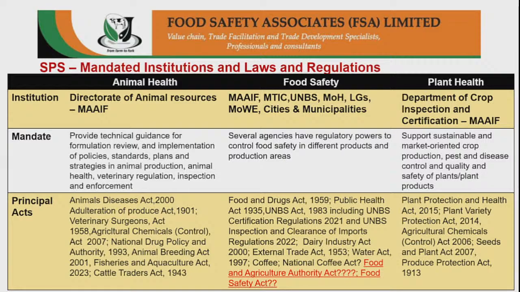We have the Ministry of Health, which still has a mandate. In local governments, we have officers called public health officials, and some of them are environmental health inspectors who visit some of our markets, and they are responsible for ensuring and enforcing hygiene rules. So they have a role.